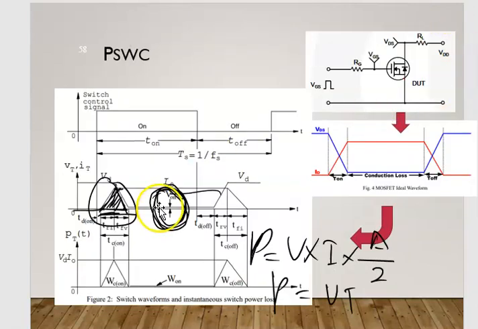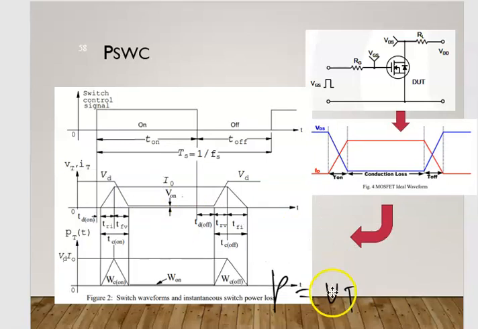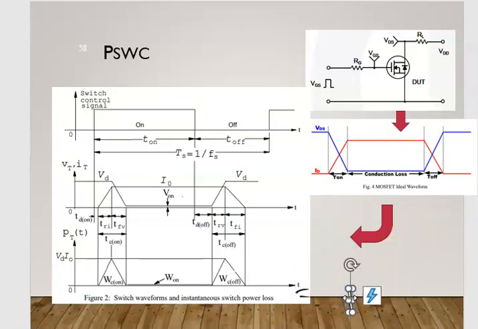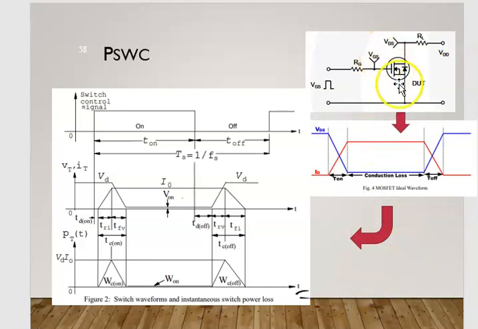Okay, this is how the theoretical response will be. You can see that we can follow the switching test circuit inside the datasheet. Some datasheets provide this kind of test circuit switching arrangement.